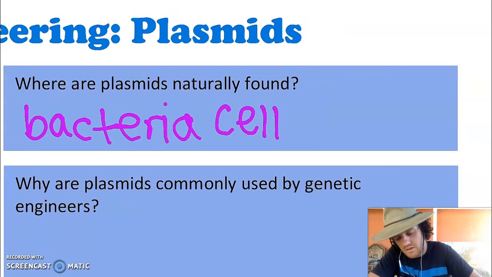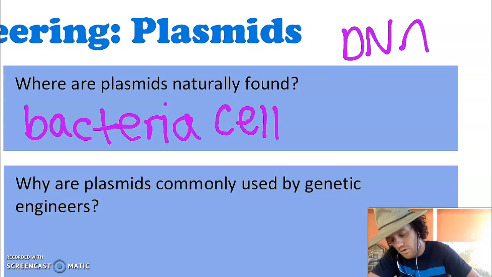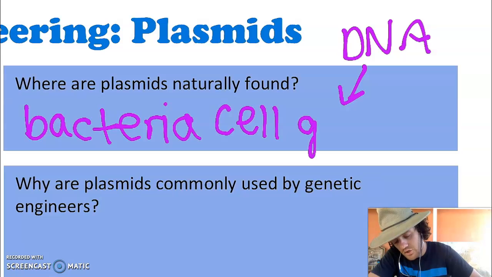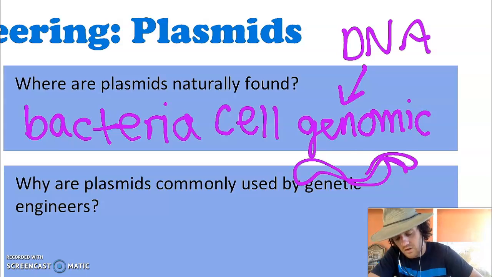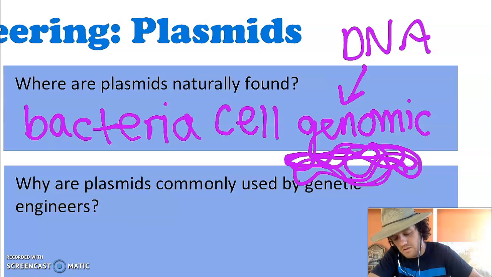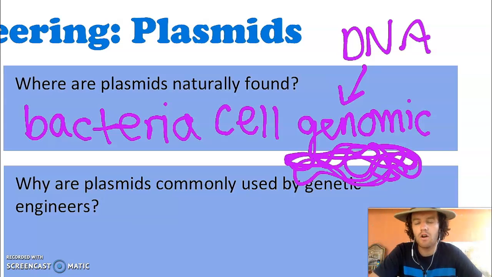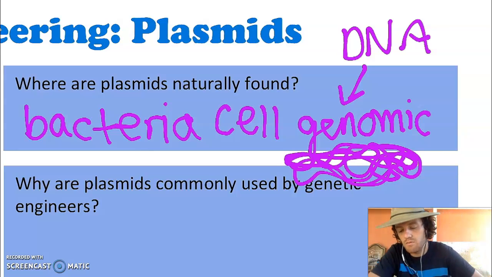Remember that bacteria cells have two potential forms of DNA. They have their genomic DNA. The genomic DNA was the large, clunky nucleoid. A majority of their genes are going to be stored in that genomic DNA, also known as the chromosomes. That's the large, clunky genetic molecule.